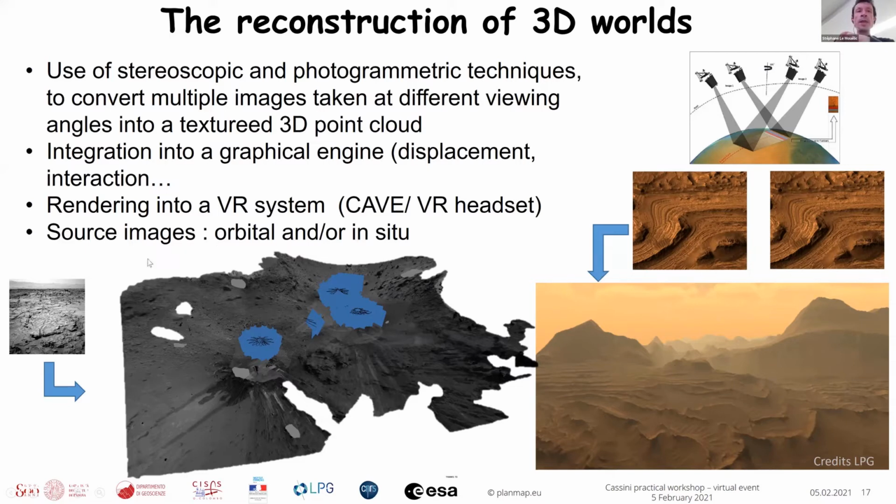And you can also ingest in situ images. So if you take images either by yourself on the ground on Earth with your cell phone or digital camera, or if you are using rovers to take your pictures, or even if you are using old pictures taken by the astronauts on the moon, you can do 3D models with the images, by integrating all the views taken at different angles of your environments.